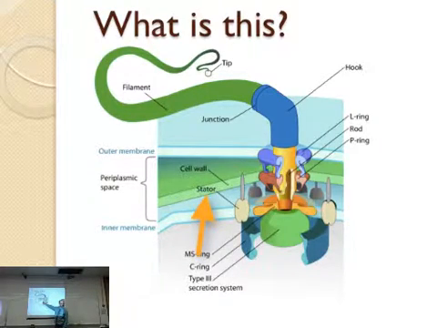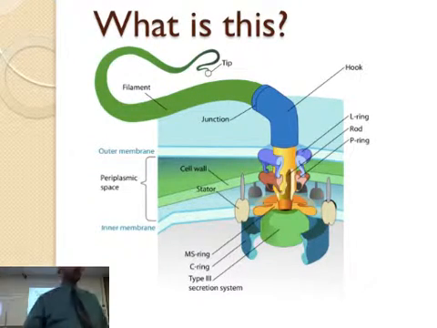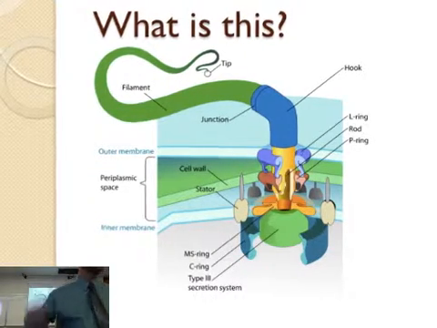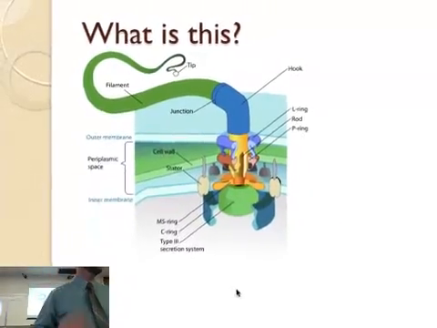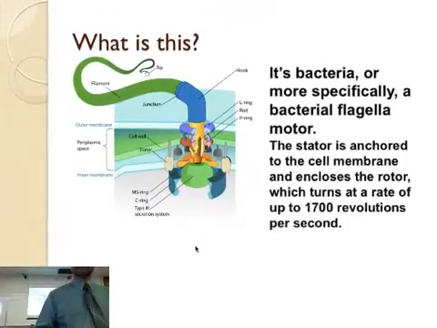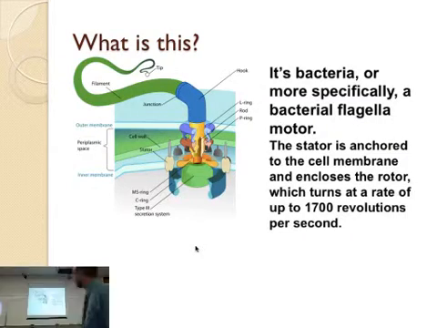The stator. It's part of a motor, right? They used to say man invented the wheel. This is a wheel. It rotates in one direction. So biology invented the wheel. It's a bacteria, more specifically a bacterial flagella motor.